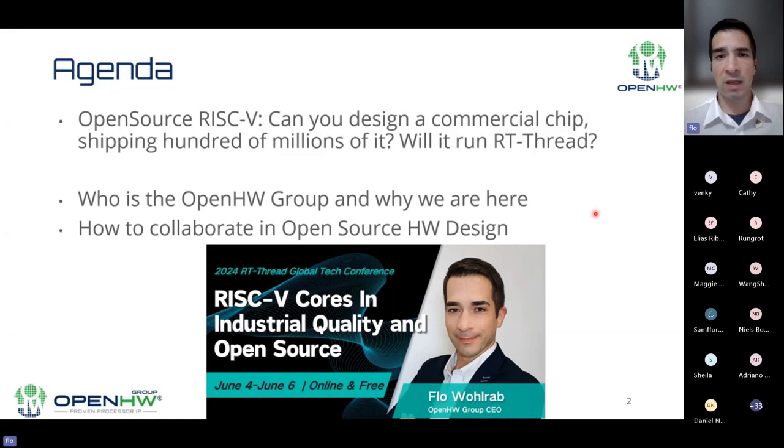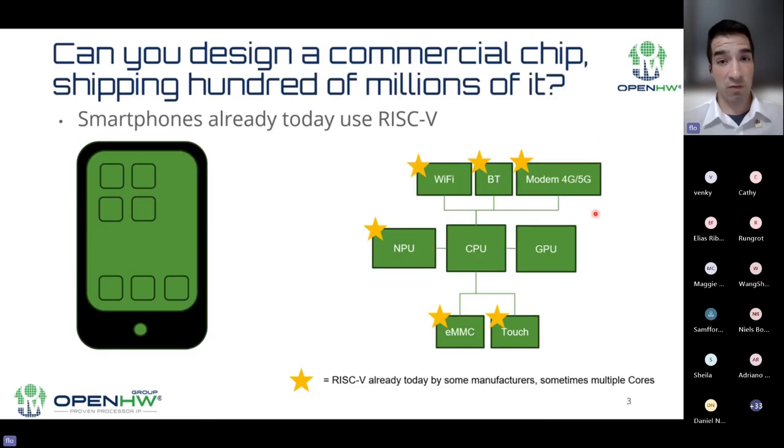Let's start with whether we can really use open RISC-V for commercial shipments. And actually, yes, we can. And we already do. Look at a smartphone, for example. All of you use it daily, and there's already a lot of RISC-V inside.